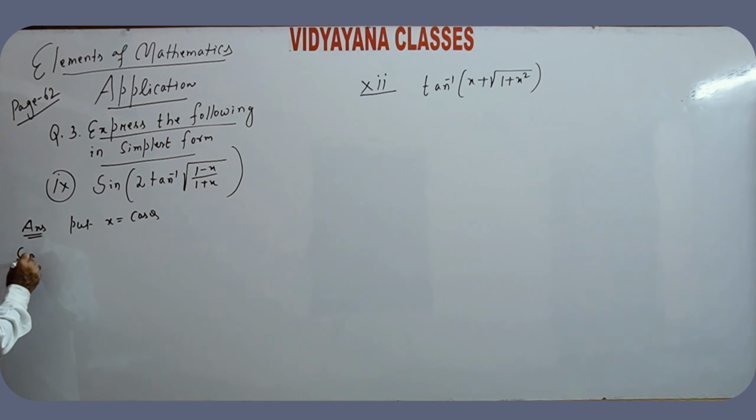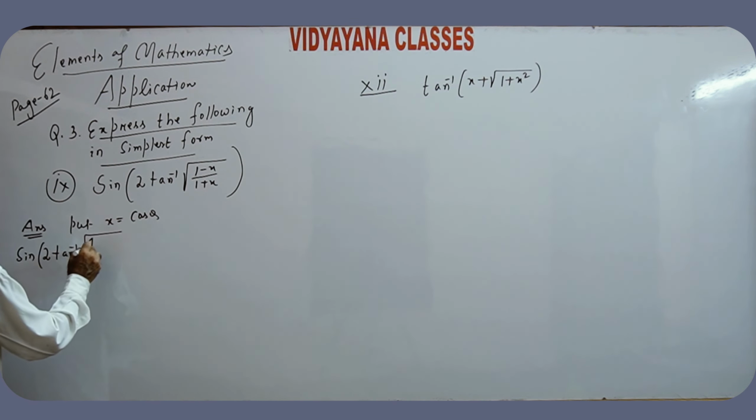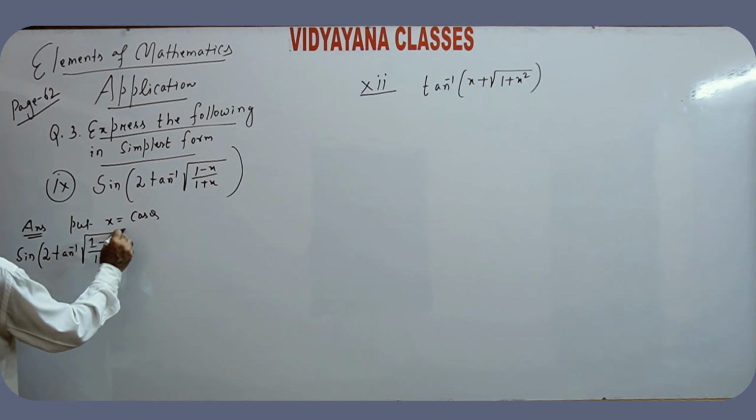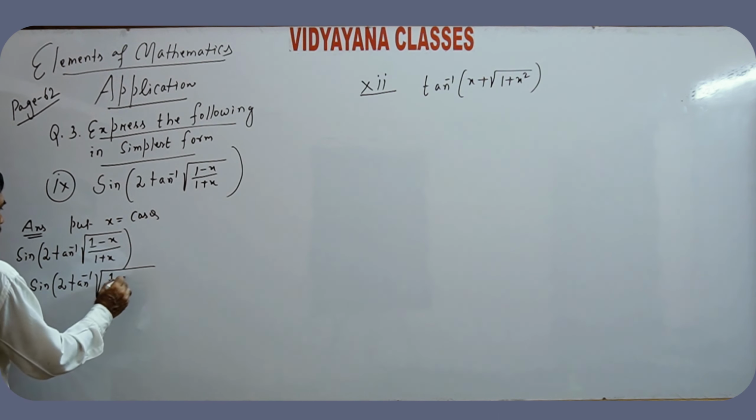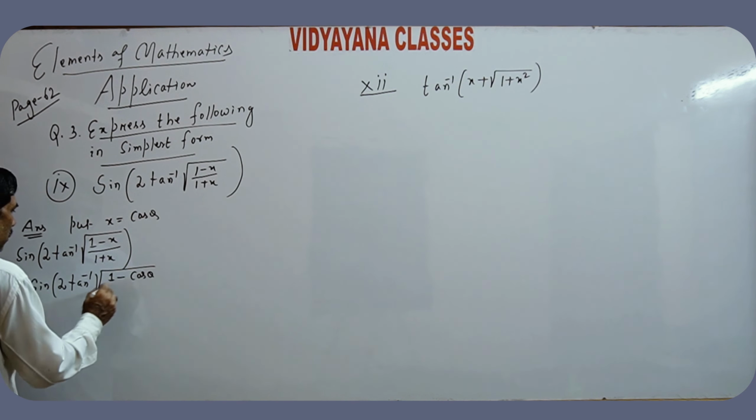So sine 2 tan inverse square root of 1 minus x divided by 1 plus x is the same as sine 2 tan inverse square root of 1 minus cos theta divided by 1 plus cos theta.